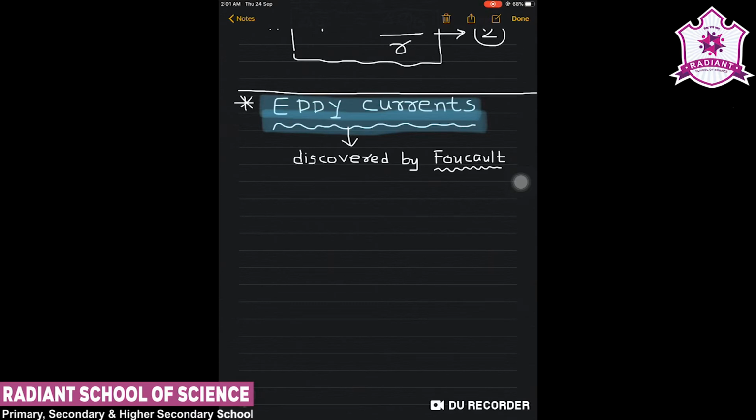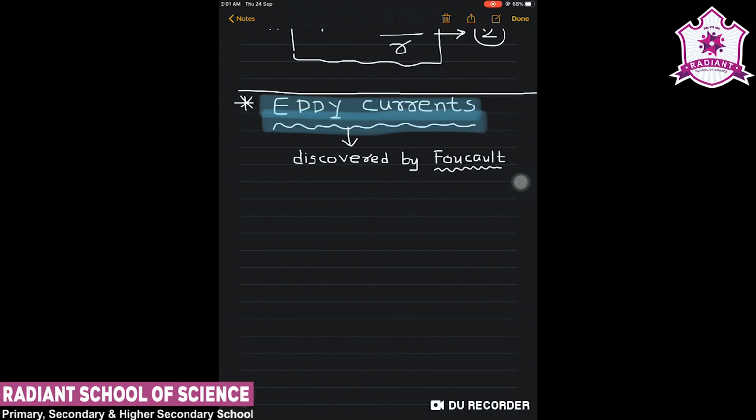However, their flow patterns resemble swirling eddies in water, and this effect is called the eddy effect. This effect was discovered by the physicist Foucault, and these currents are therefore called eddy currents.